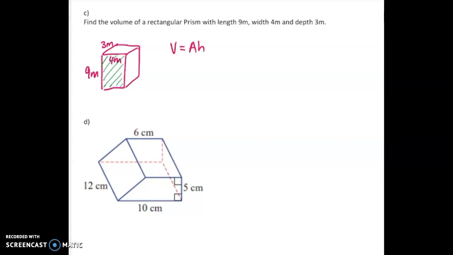The area in this case is the area of a rectangle, and we know the area formula for a rectangle: base times height. Let's change that to base times length so that we don't get confused with the height in the prism formula. So base times length of the rectangle, that's 4 by 9.